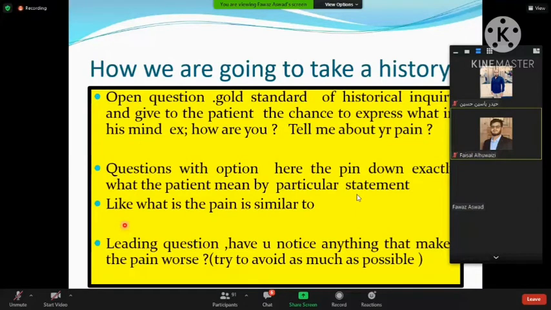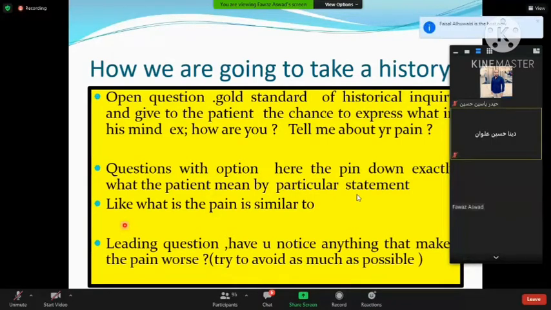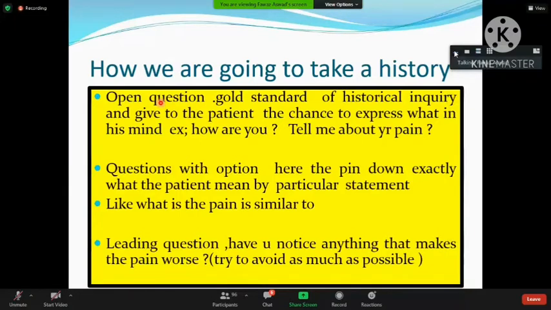We also talked in the previous lecture about the types of questions that the dentist applies while taking history from the patient. We said that different modalities of questions are required during history taking. We divided them into the open question, or the gold standard, where we let the patient express himself, express his feelings, and let the patient talk.